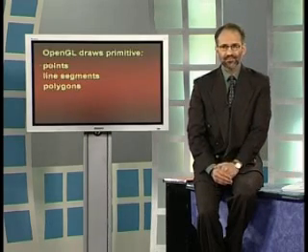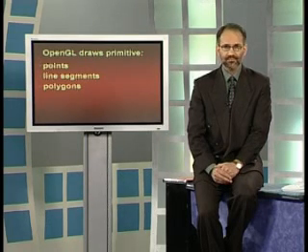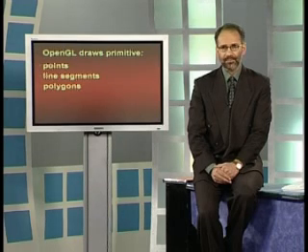OpenGL draws primitives including points, line segments, and polygons. So we can make use of the natively available functions in this API to draw any and every primitive that we have listed thus far.